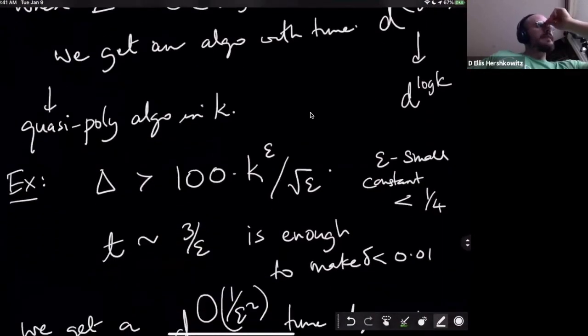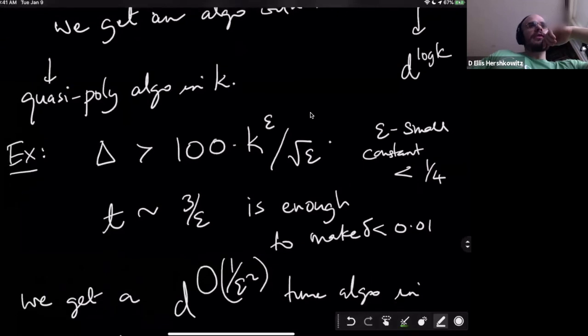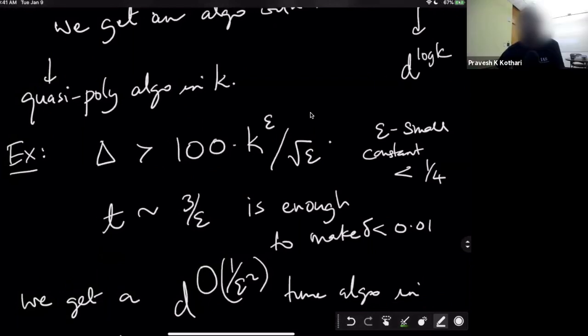Is there any computational hardness known if delta is between like log k and poly k? As in the gap between polynomial in D and K and quasi-polynomial in D that we are proving today? It's a very good question, and I was planning to spend some 10 minutes at the end on it.